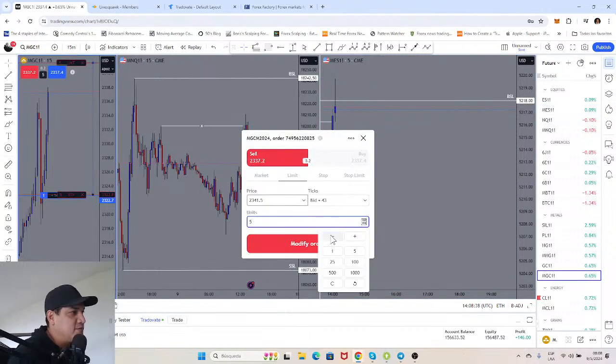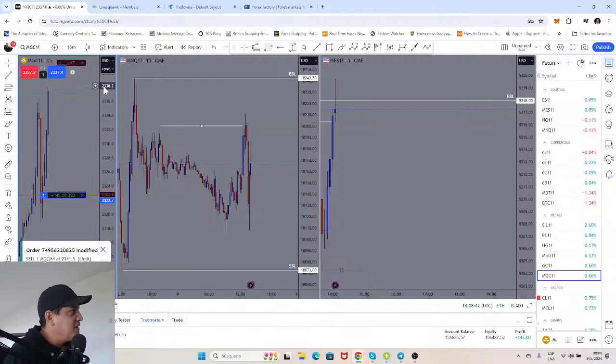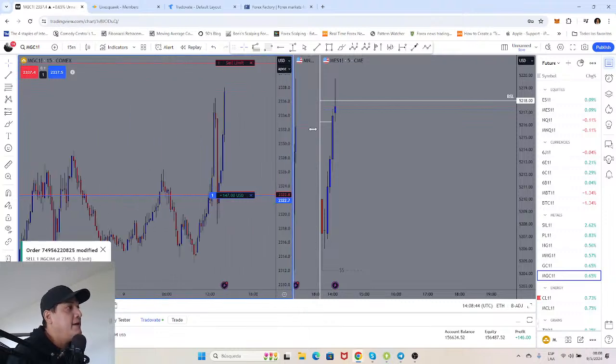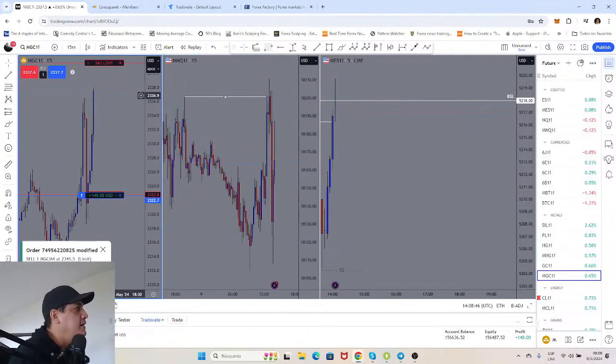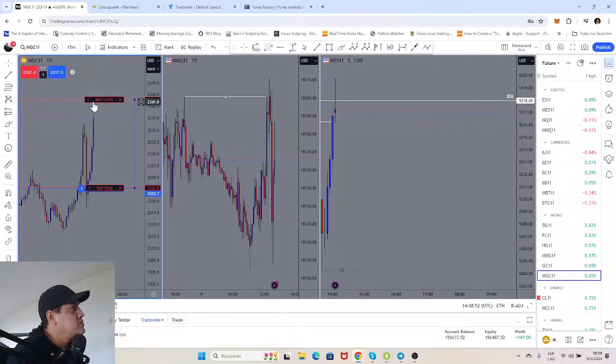I always forget to do this. Modify my orders, right? I had five contracts riding on this gold long. So my sell limit, which is my target, was five contracts, and my sell stop, my stop loss, was five contracts.